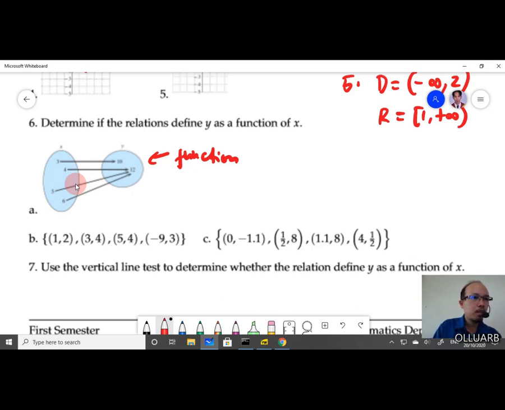For letter B, no two ordered pairs have the same first component. Okay, this is a function. This one, 0, 1/2, 1, 1, and 4. No 2. So this is a function also. Okay.